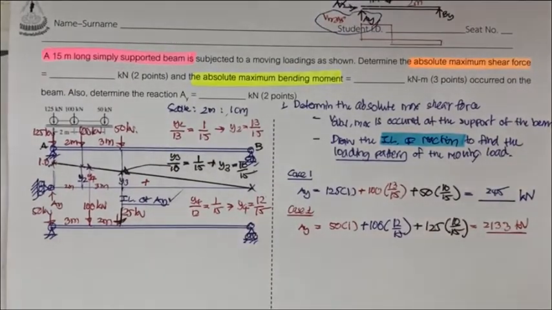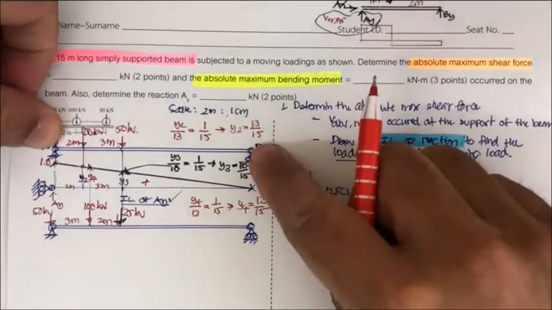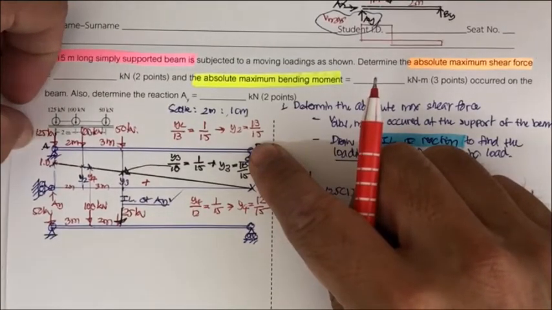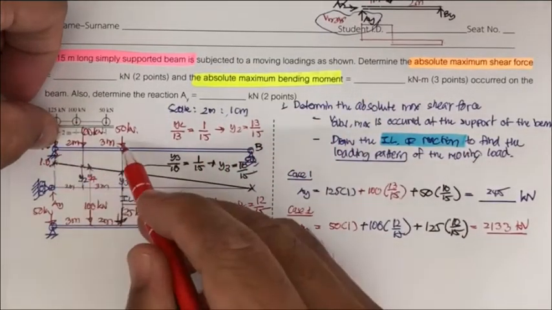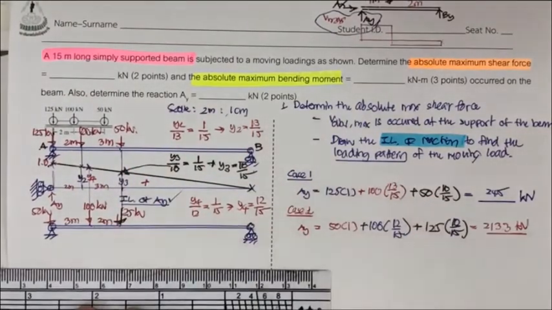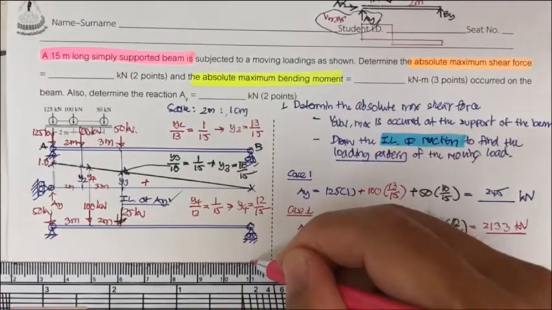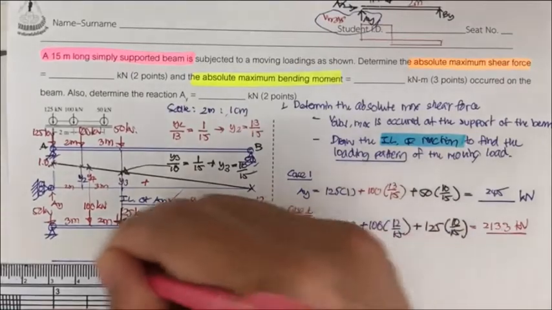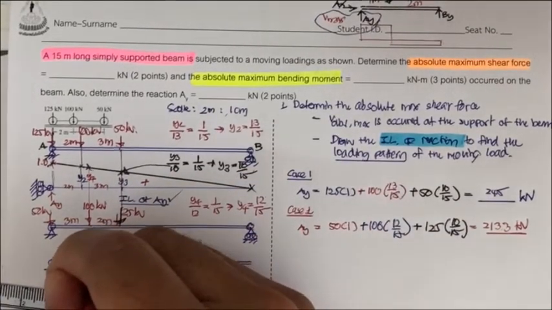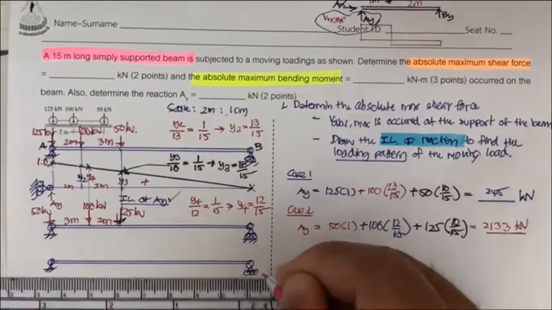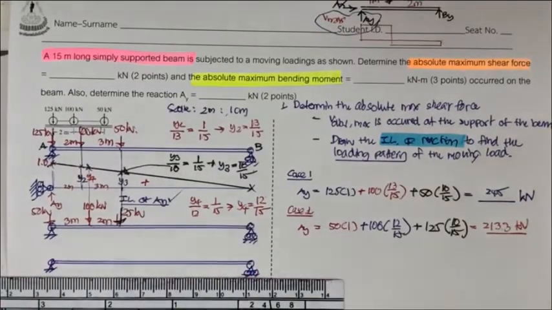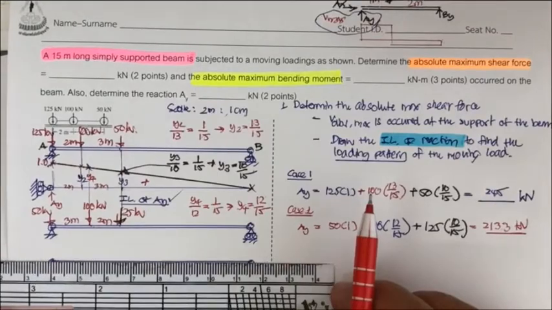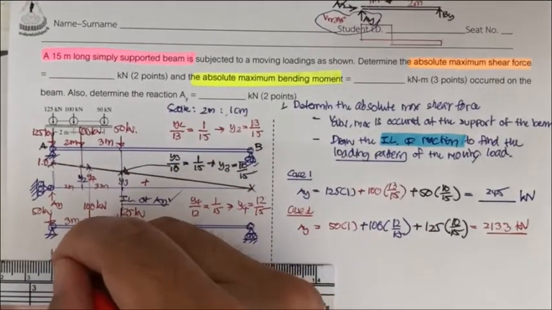And next, we consider the case that there are only 2 loads put on the beam. For example, this one is here, and 100 moves to here, and 500 moves to here. So for the next one, we may have this beam. This is the pin, this is the roller, and we have only 2, so we put the 100 kilonewton here.